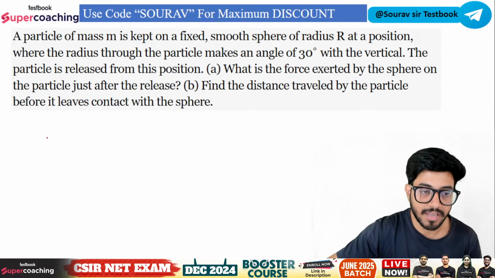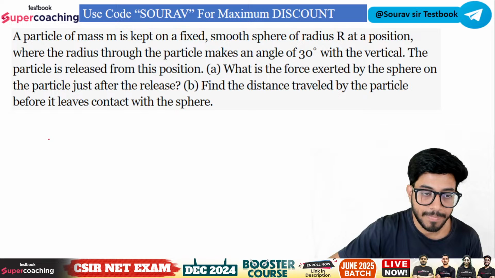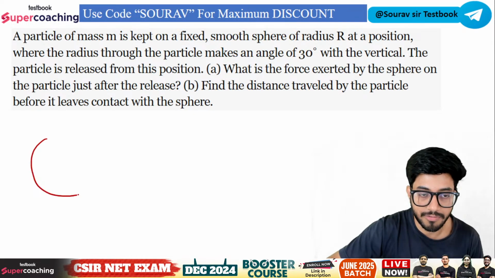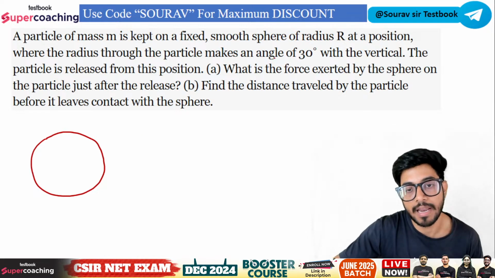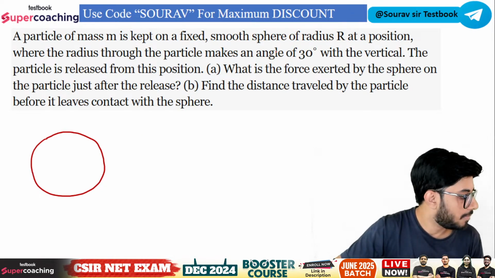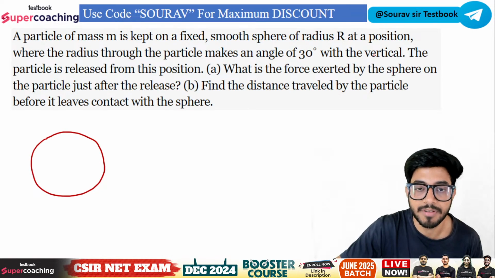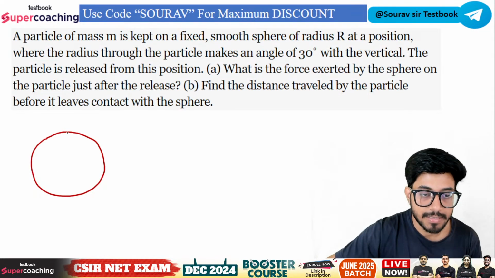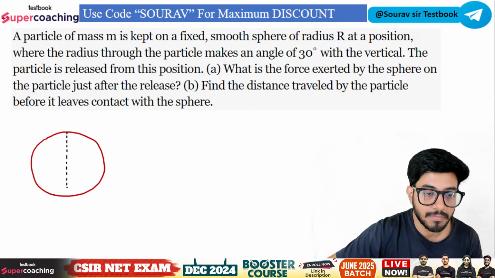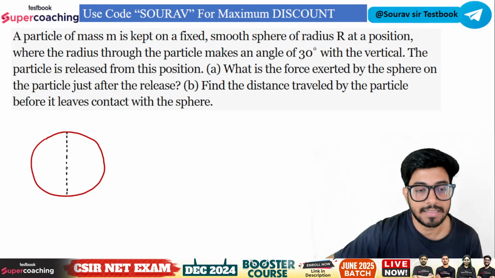So you have a sphere here, okay? And at an angle of 30 degree from the vertical you have placed that particle. Suppose this is your vertical, at an angle 30 degree, this is 90, 45, 30 should be here.